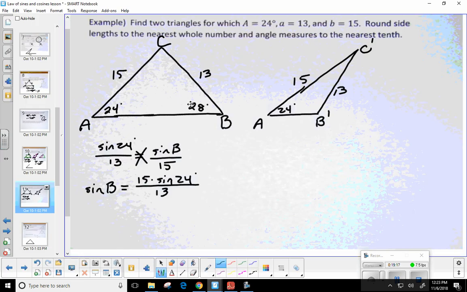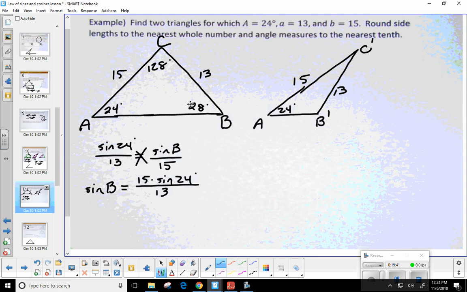All right, so if this is 28 degrees, does this mean that this B prime is 28 degrees? No, but we can use him to find it. 128? Do you guys agree? Okay.